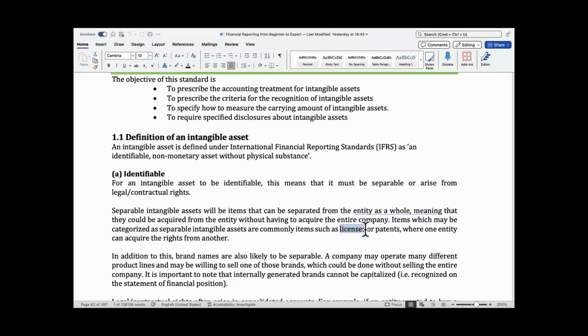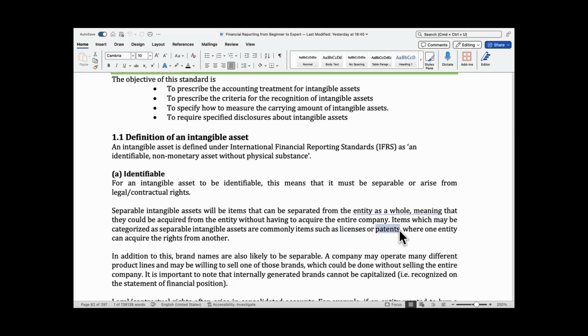That, okay, you go and use this license. All your other assets are still intact. Your buildings will still be intact. Your furniture will still be intact. But you can sell it without having to sell every other part of your business. Or maybe a patent. A patent is what you get from, I think, Ministry of Industry.